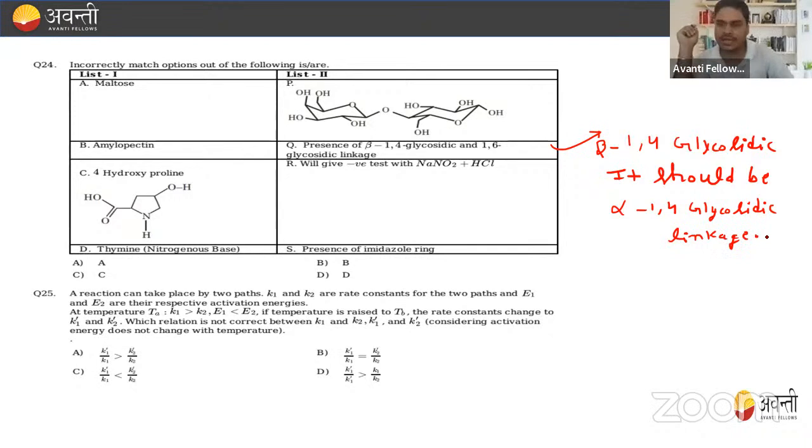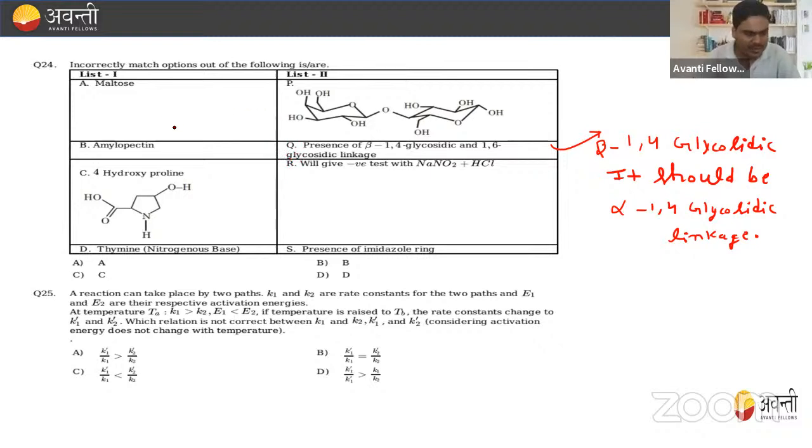So instead of beta 1,4 glycosidic linkage, it should be alpha 1,4 glycosidic linkage. Always remember this thing. This one is important. So this one is wrong, that is B. So we can say that B, amylopectin, is absolutely wrong.